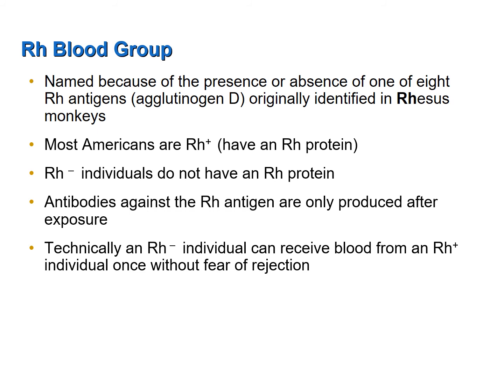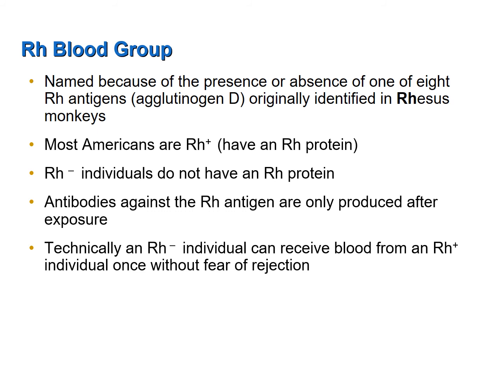And if you were ever transfused with A positive blood again, those antibodies would immediately attack any red blood cell that contained the Rh antigen.